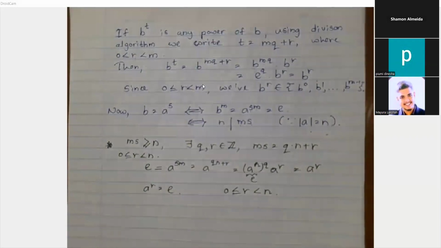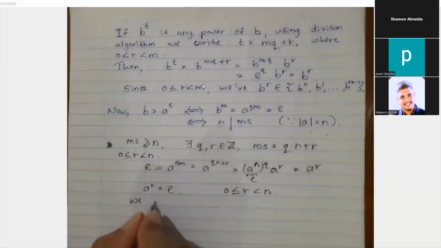But now we have a raised to the power of r, which is a number smaller than n, giving you the identity. And it lies between 0 and n. So our only option at this point is for r to be 0.